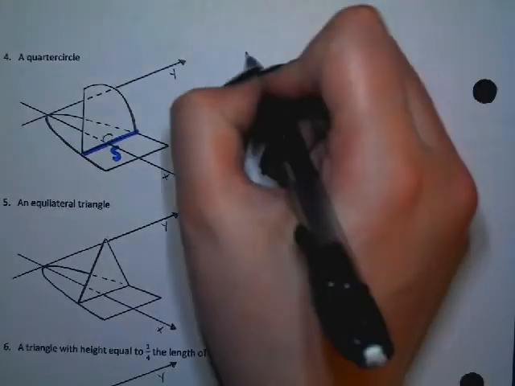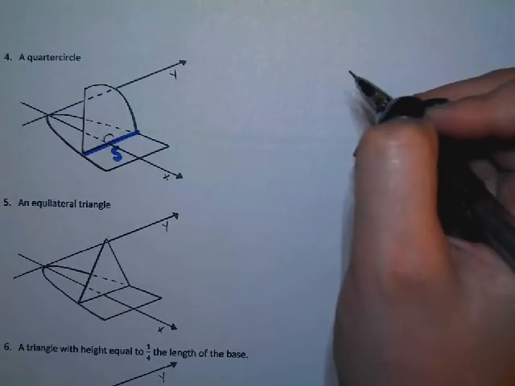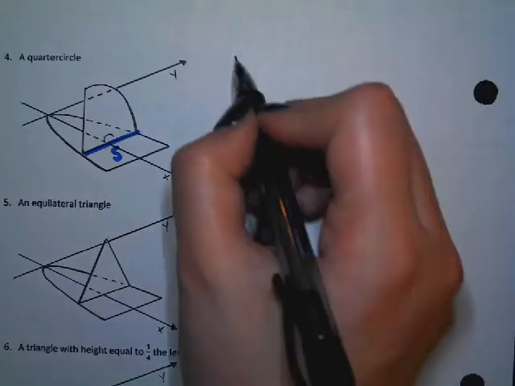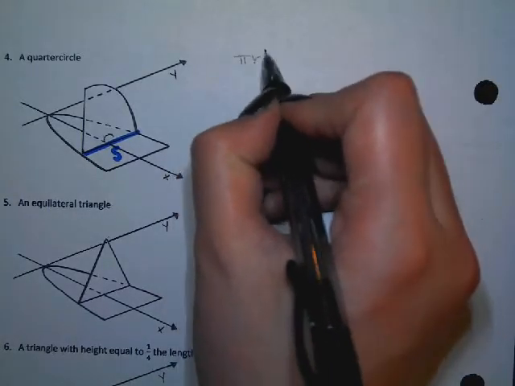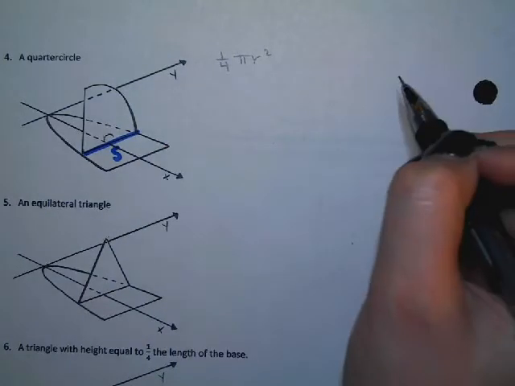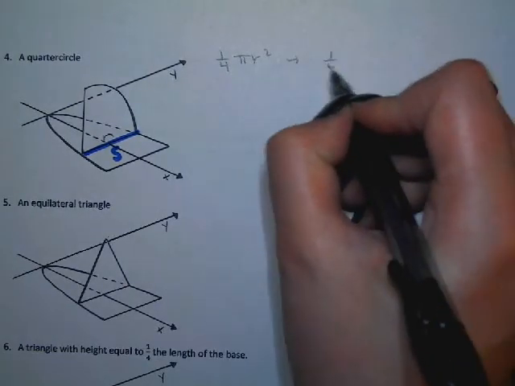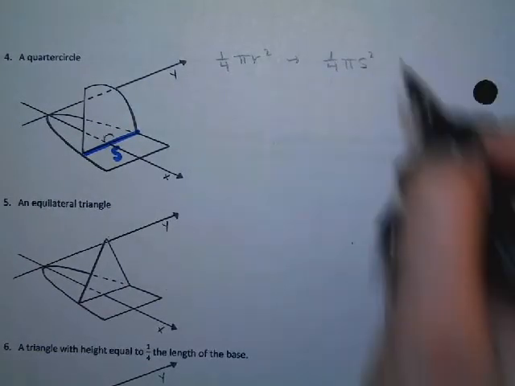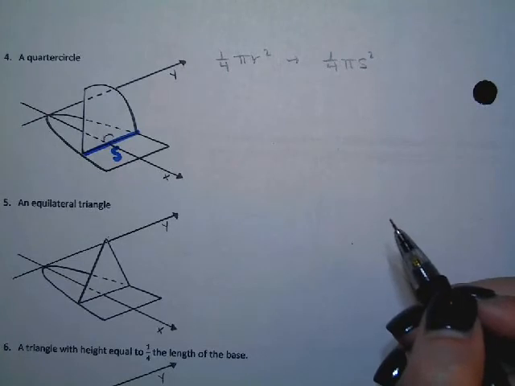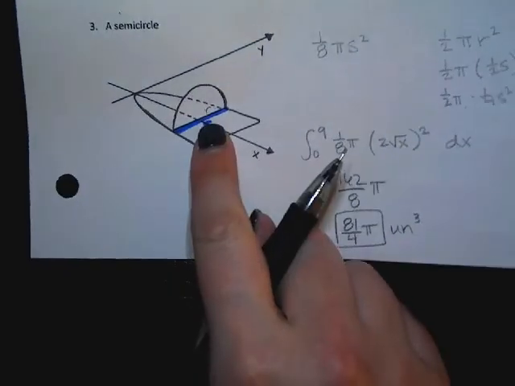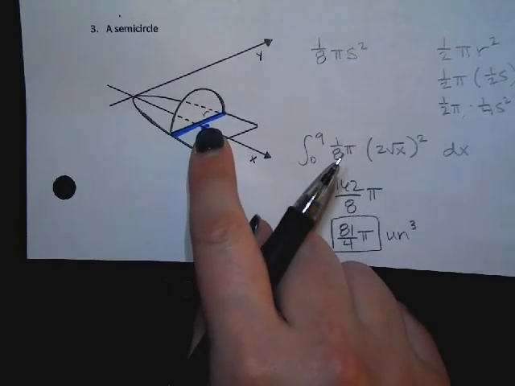The formula for the area of a quarter circle is pi r squared times 1/4. Since r and s are exactly the same in this case, we're going to use 1/4 pi s squared. So our quarter circle is going to give us a bigger volume than our semicircle did, because our semicircle has a much smaller radius. You guys see that? Okay.